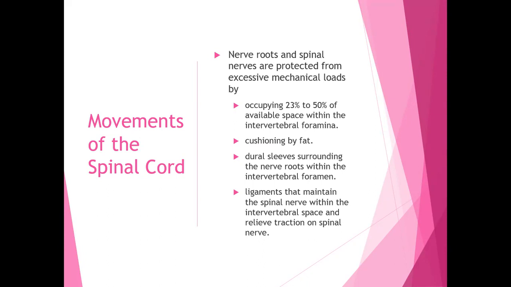There's space for them to move. They're also cushioned by fat. Yay, fat, right? The dural sleeves that surround the nerve roots within the intervertebral foramina protect against excessive mechanical loads because dural sleeves are strong and protective. The ligaments that maintain the spinal nerve within the intervertebral space and relieve traction on the spinal nerve also protect the nerve roots and spinal nerves from excessive mechanical load.